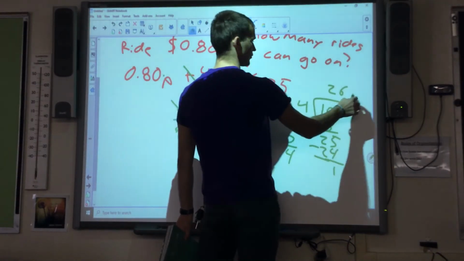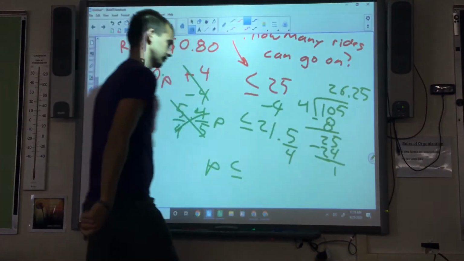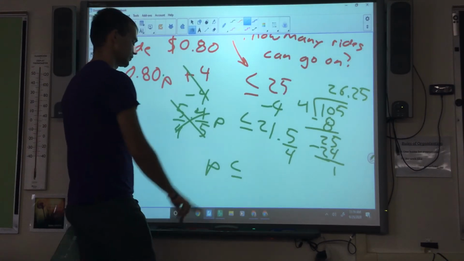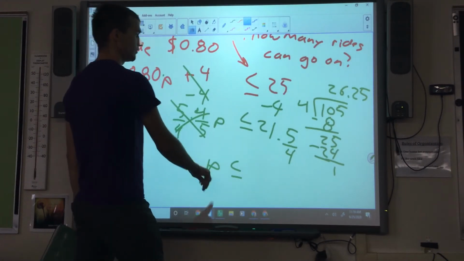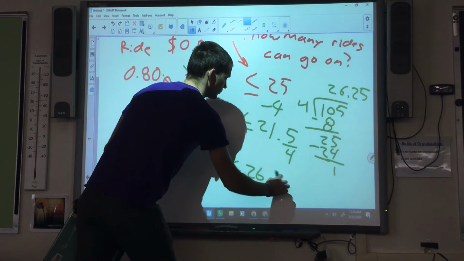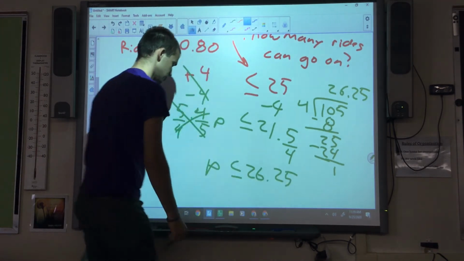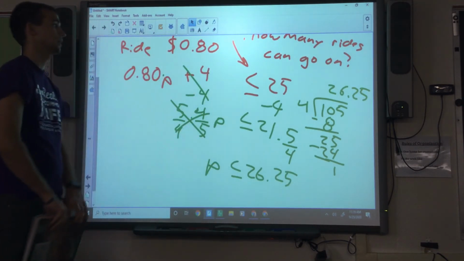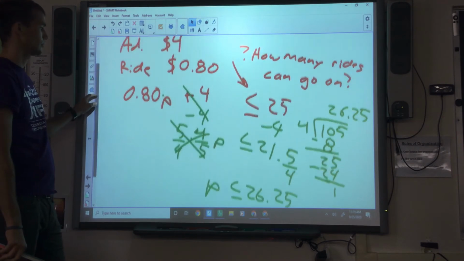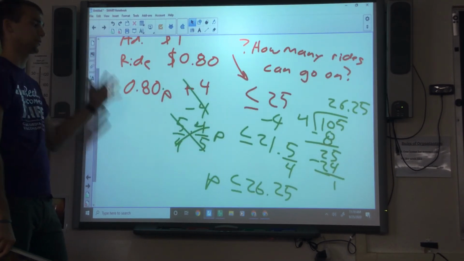It's going to be 1/4, which is 25 hundredths, basically. So P is less than or equal to 26.25, 26 1/4. So basically that means how many times can you go on the rides?